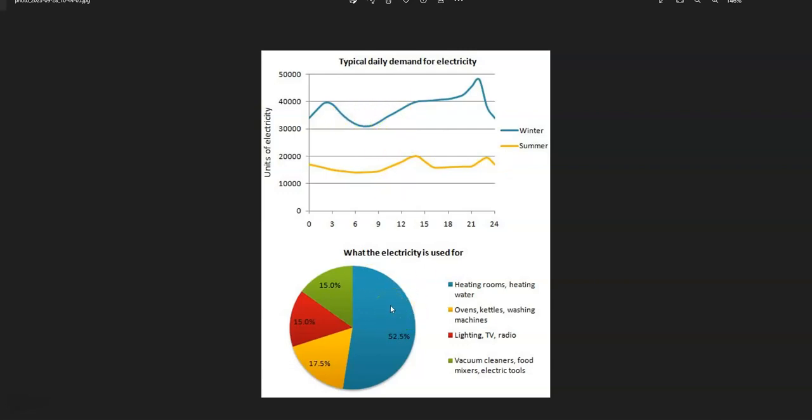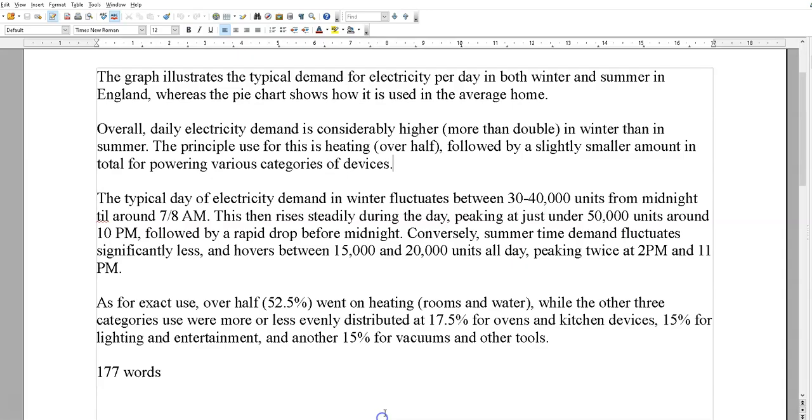Then, what it's used for, 52% for heating. I just mentioned category 1, 2, and 3, like I did here. So I'll show you that. So, electricity rises steadily, peaking just under 50,000 units. Rapid drop off. Conversely, summertime demand fluctuates significantly less.